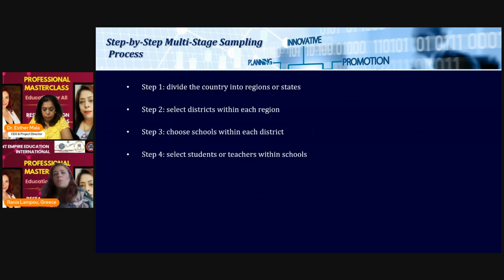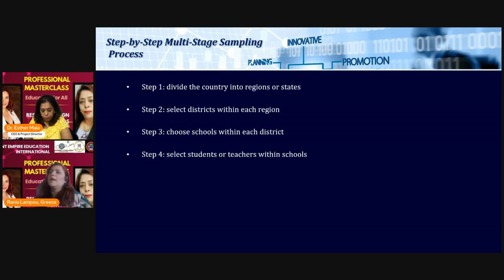So what we can do in this example is divide the country into regions and states. We organize the country into large units. Then we randomly select a sample of regions or states to include in the study. What is the goal here? The goal is to ensure geographic diversity and broad national coverage.